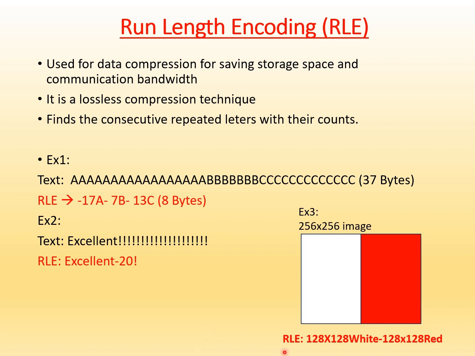But with run length encoding, you just say that 128 by 128 white pixels are needed and 128 by 128 red pixels. So a lot of savings will come from run length encoding.